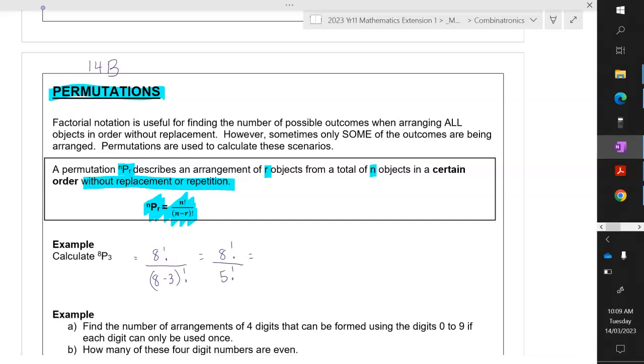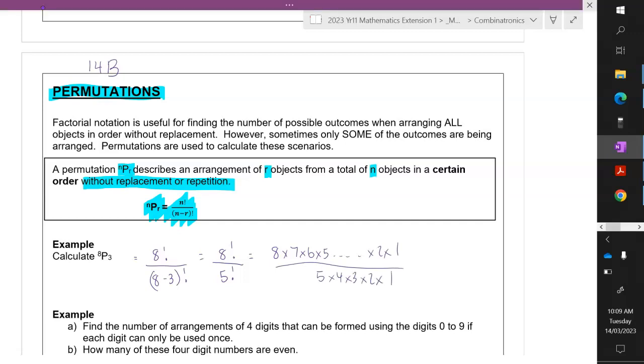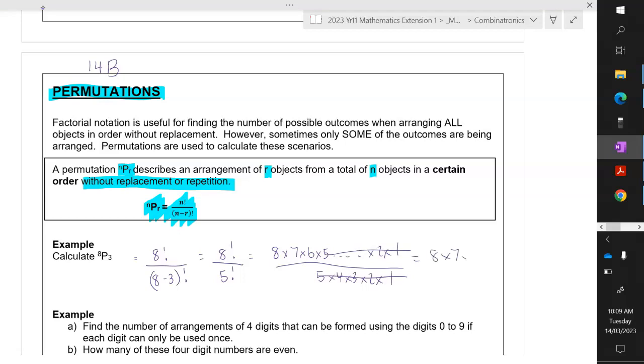You can use a calculator if you like, or you can think of what that was. That was 8 times 7 times 6 times 5 all over 5 times 4 times 3 times 2 times 1. So you're going to get 8 times 7 times 6, which is, if we just grab our calculators and work that one out, 8 times 7 times 6 is 336.